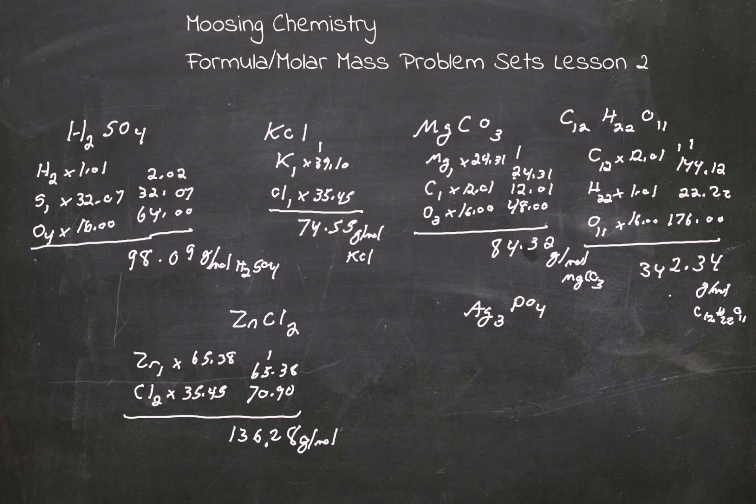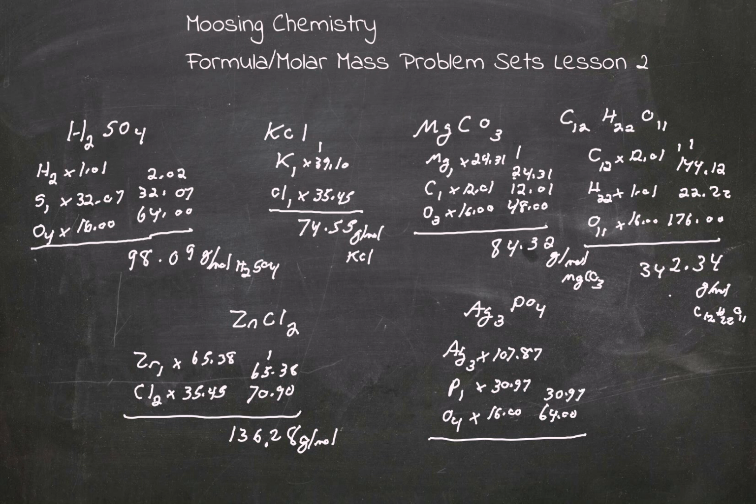Pretty awesome. Okay, silver phosphate. Now this one's a pretty big one. We got silver, 3 times 107 point, what is it? Hang on, let me think about it. Oh, yes, 107.87. Phosphorus is 1 times, because I have to remember P, it's 30.97. And of course we have 4 oxygens, 4 times 16.00. So this gives me 64.00, and this gives me 30.97. I'll be right back because I do have to use a calculator on this real quickly.